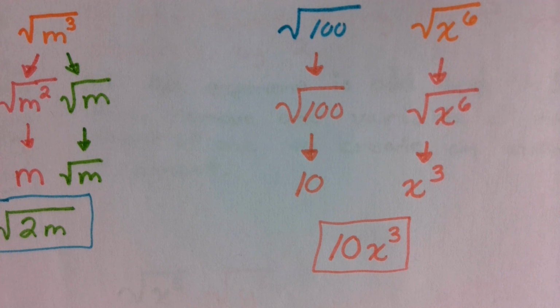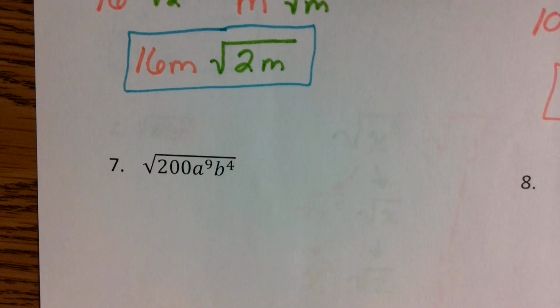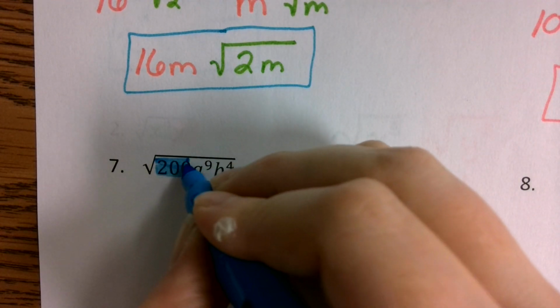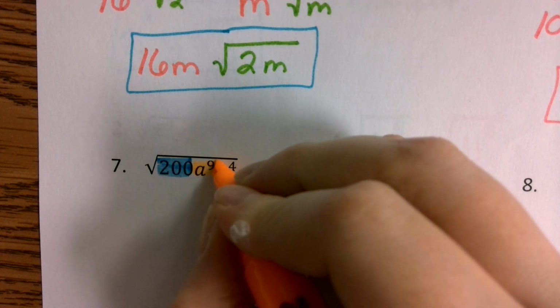I'm going to do one more with you, and then you're going to do a couple of them on your own. Let's go on to problem number 7. So again, we're going to break these all apart. We're going to focus on the 200. We're going to focus on the a to the 9th.